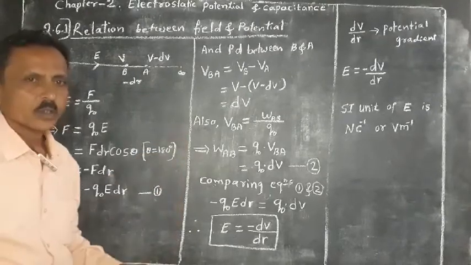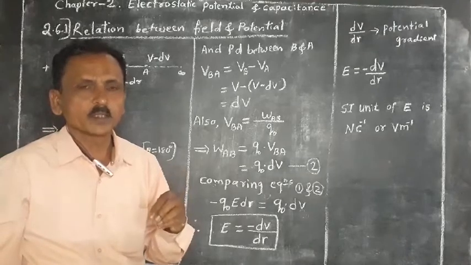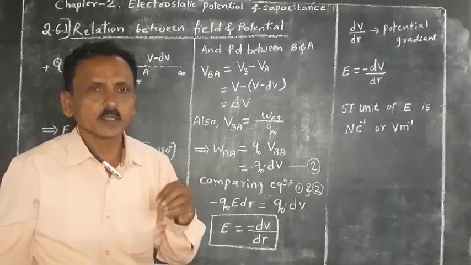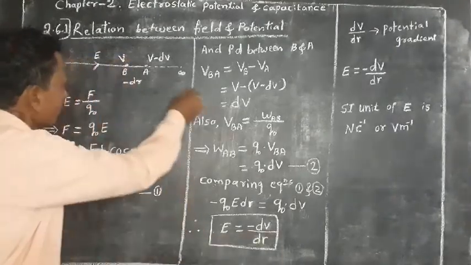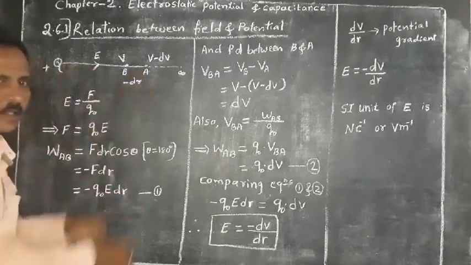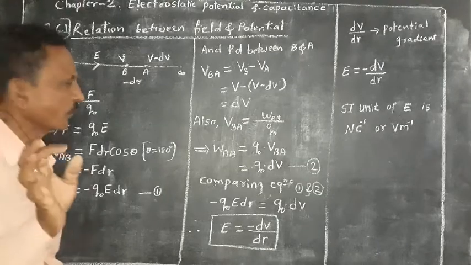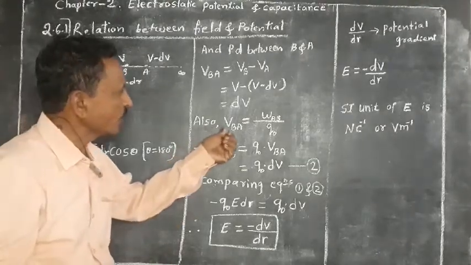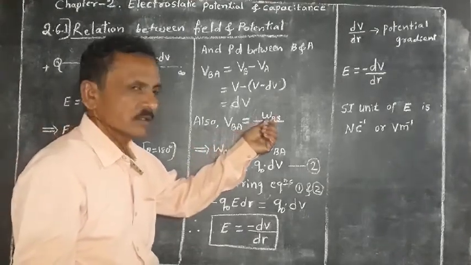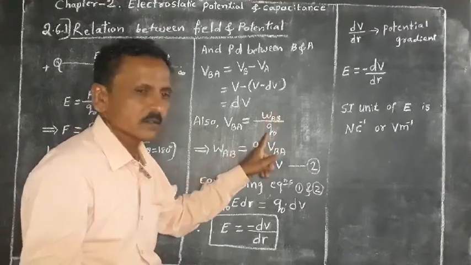The potential difference between any two points in an electric field is defined as the work done in moving a charge from one point to another against the field per unit charge. Thus, potential difference VBA is equal to work done in moving a charge from A to B per unit charge.